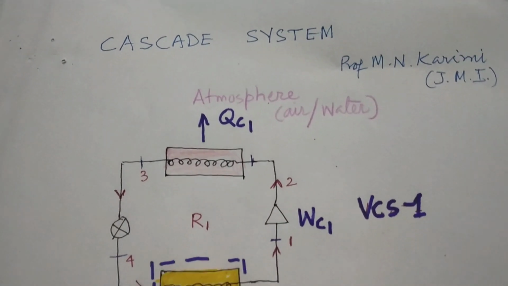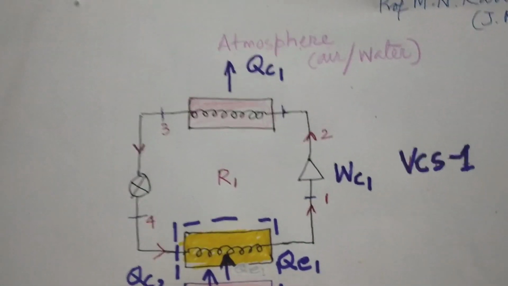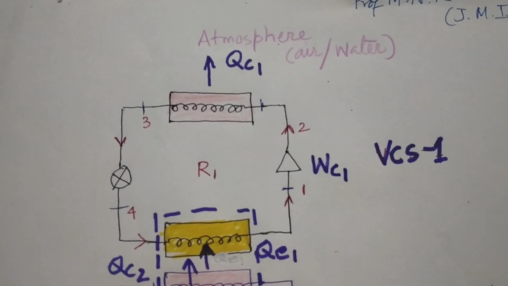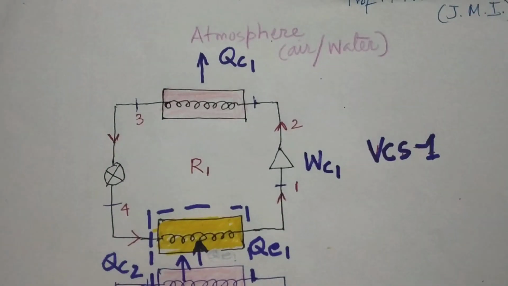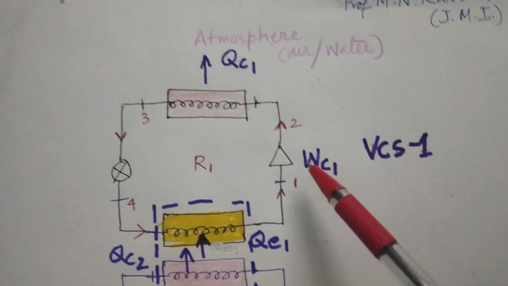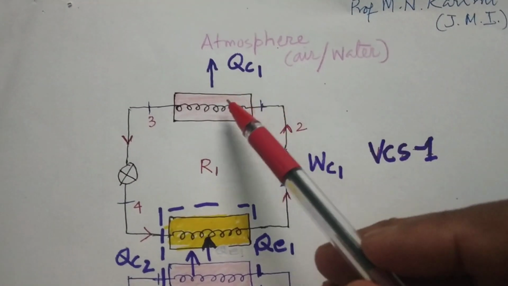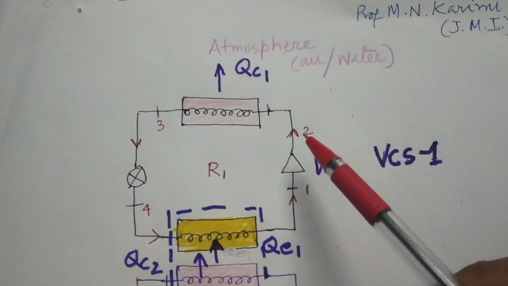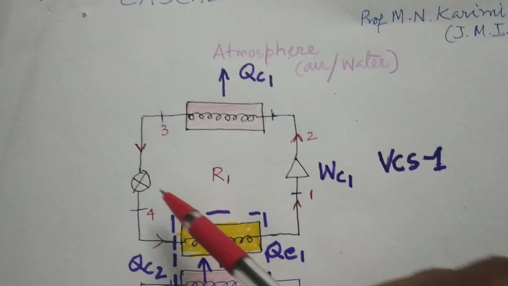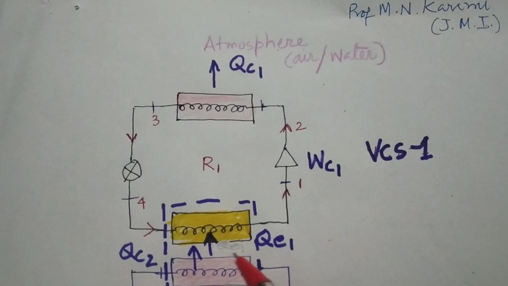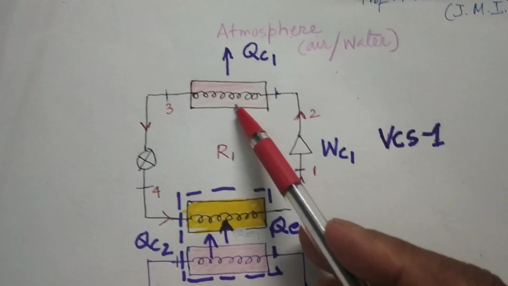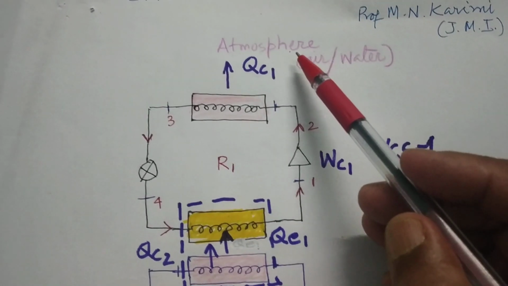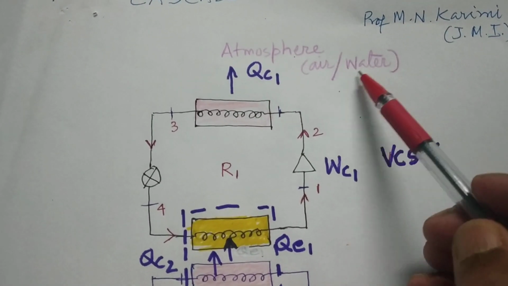We already know from our basic information that there is a vapor compression system, and a vapor compression system consists of a compressor, condenser in sequence, expansion device and evaporator. So we have an evaporator here, a compressor here, and a condenser which is rejecting heat to the atmosphere, which can be air or water.